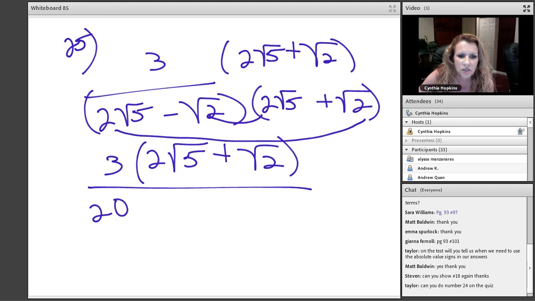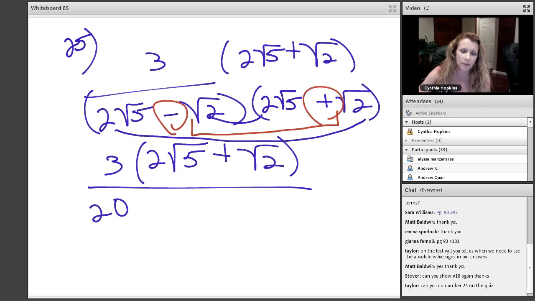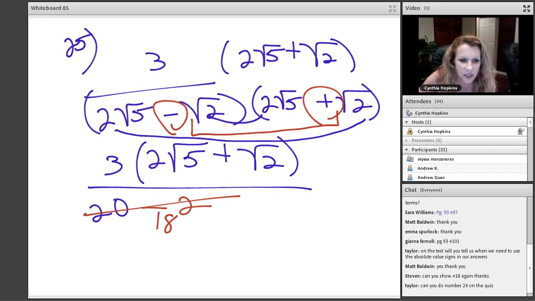Let me switch this to red. When I go to do these lasts, invariably students will mess up the signs, so let's make it a separate step. A negative times a positive is negative, and then rad 2 times rad 2 is 2. So my denominator becomes 18, and I hope you see that the 3 and the 18 can cancel, simplify.